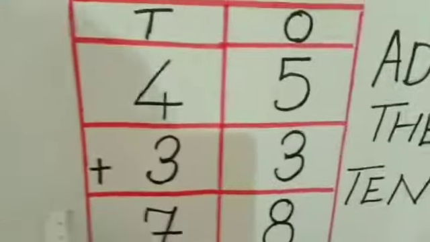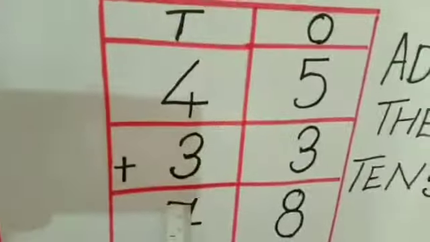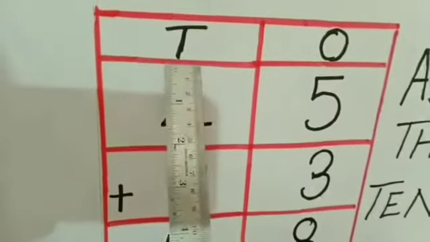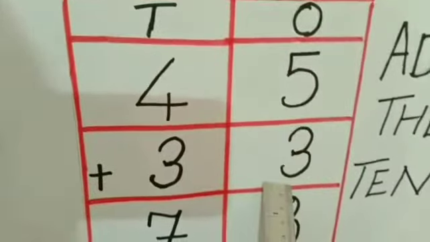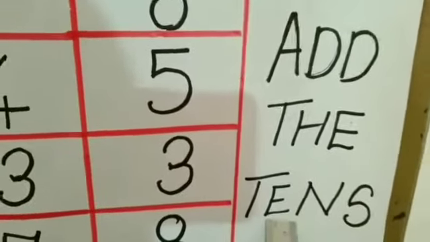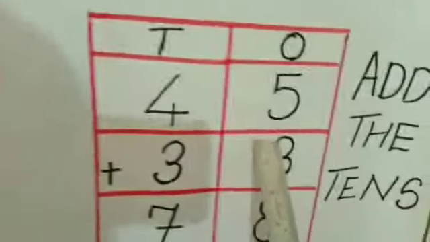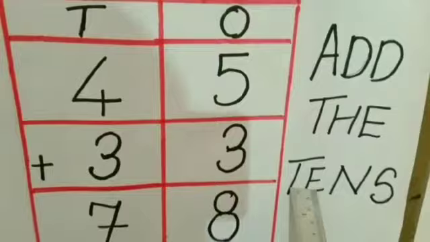Now let's move on to this sum. Here the tens is 4 and 3 and ones are 5 and 3. So here we will add the tens. Yes, dear children, in the first one we added ones and in the second one we will add tens.